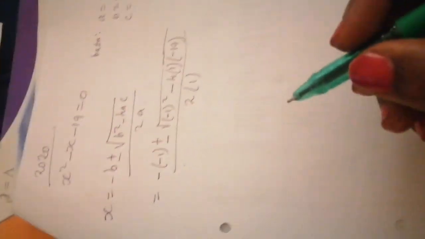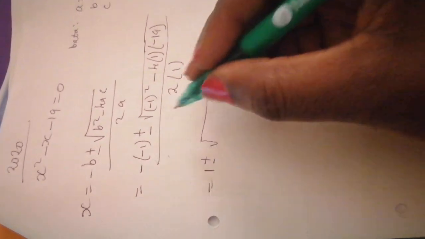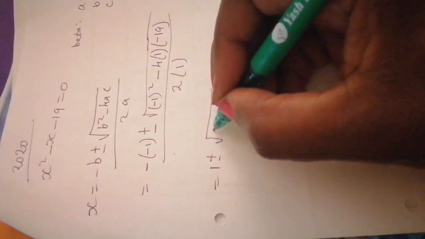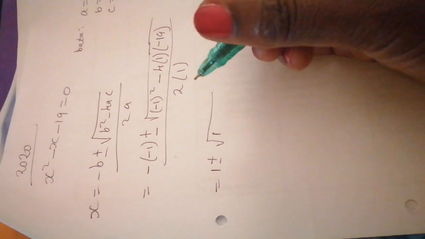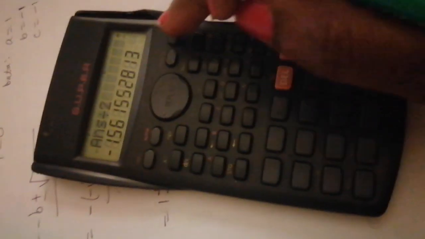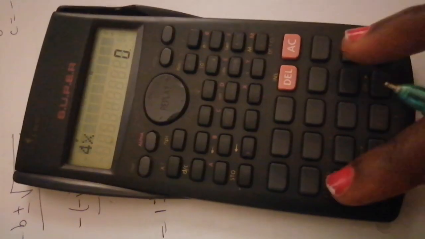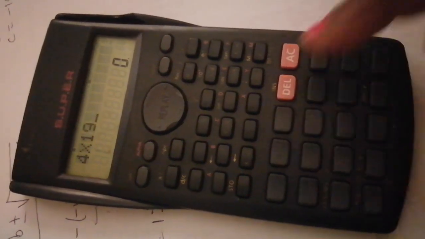Okay, so evaluating, we have negative times negative 1, giving us positive 1 plus or minus the square root. Negative 1 times negative 1 is positive 1. Negative 4 times 1 is negative 4, times negative 19, it will give us 4 times 19 is 76.